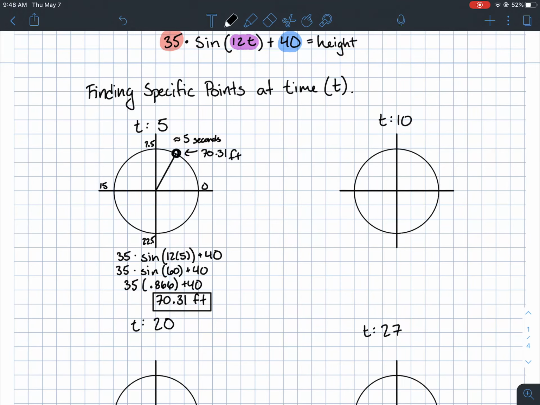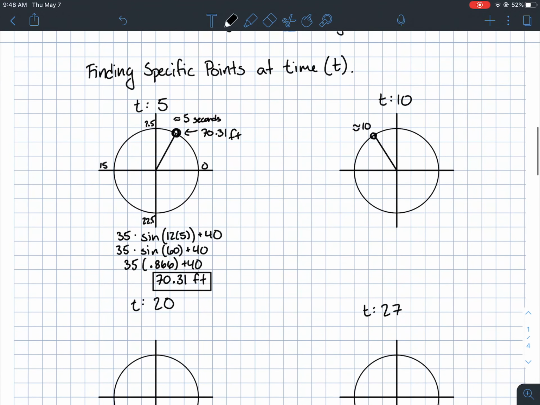So let's look at 10 seconds. 10 seconds is going to be about right here. We're past that high point, and we're looking at how high above the ground we are. So if we do 35 times our sine, our angular speed is 12 degrees for every second, and we've gone 10 seconds, plus 40.